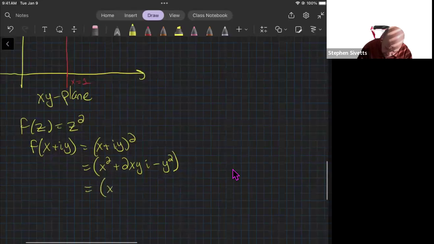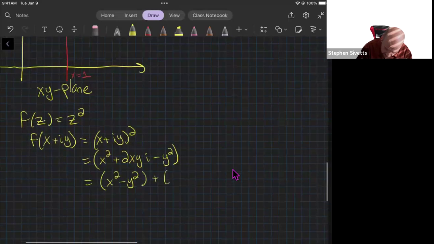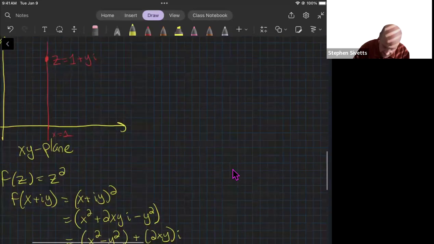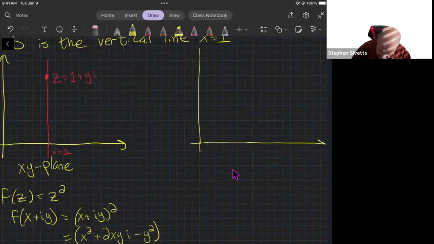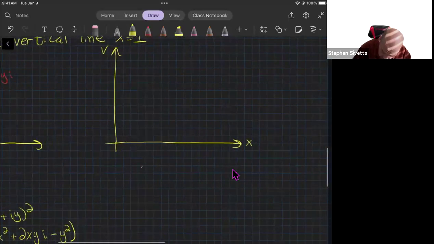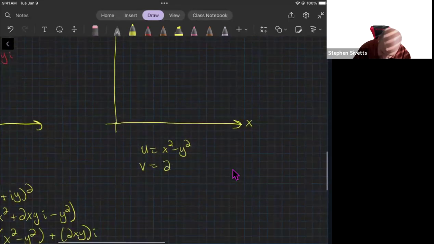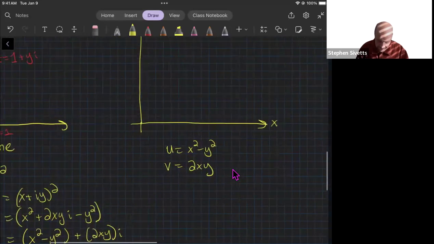And so the real component is x squared minus y squared, plus 2xy times i. So, okay, this is interesting. In the uv plane, for the function z squared, u is equal to x squared minus y squared. The v function is 2xy, right?